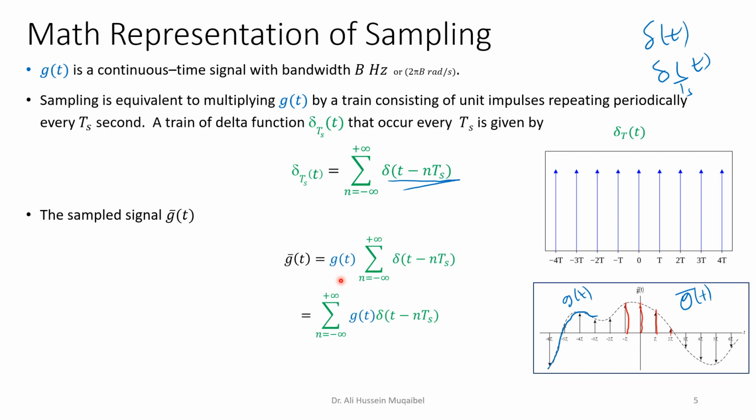If we continue, take g of t inside. So what we have done is just taking g of t inside, not much. And then we can apply the shifting property of the delta or the impulse and take the shift here. We get the following representation. This is how we represent the sampled signal. I will take this last equation to the next slide and we'll take it from there.